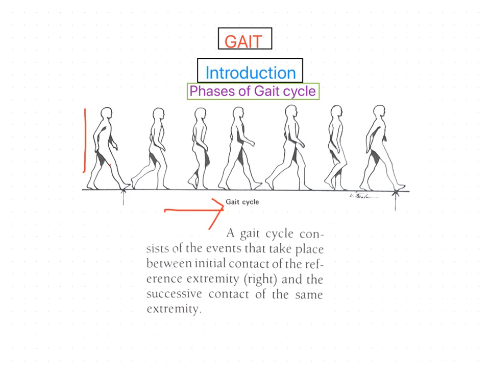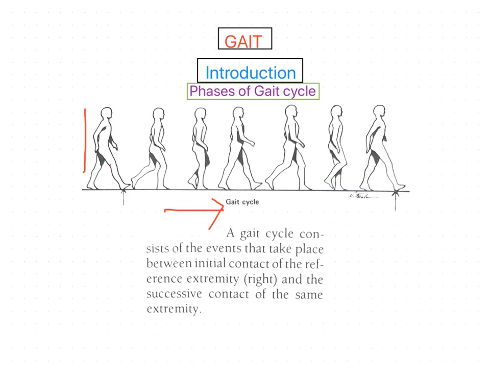Normal gait is rhythmic and characterized by alternating propulsive and retropulsive motions of the lower extremities. That is, the movements front and back.